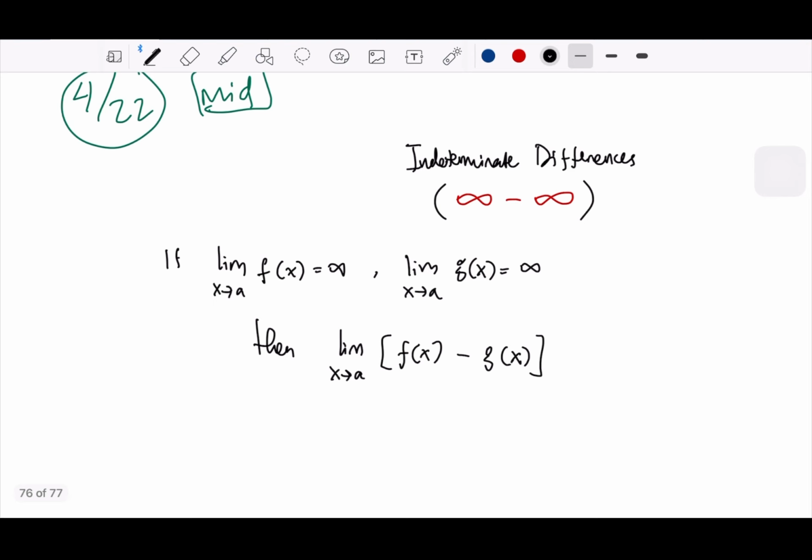If we think about it logically, suppose the limit of f is infinity and the limit of g is also infinity. What will happen if you take the limit of f minus g?